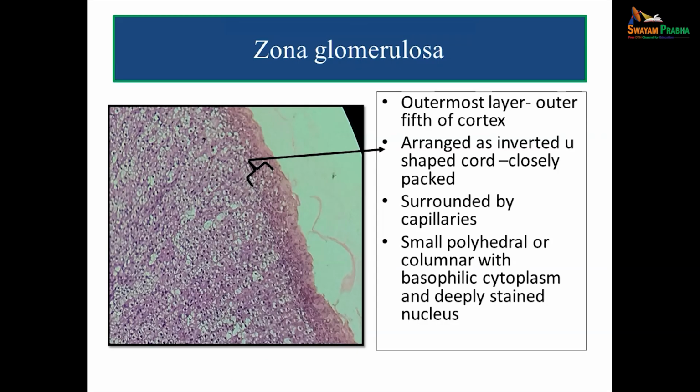The outermost layer is called zona glomerulosa. This forms the outer one-fifth of the cortex. The cells are arranged as inverted U-shaped cords which are closely packed, and they are surrounded by capillaries. They are small polyhedral or columnar cells with basophilic cytoplasm and deeply stained nucleus.